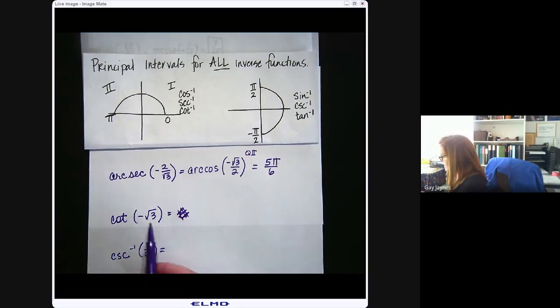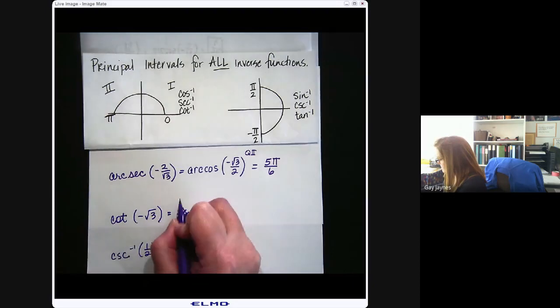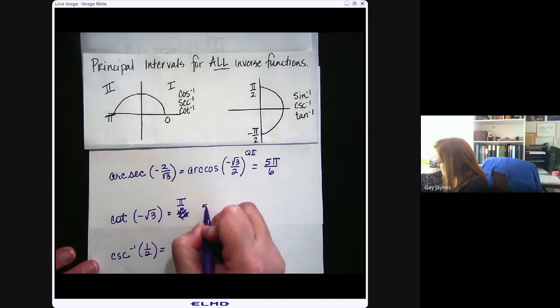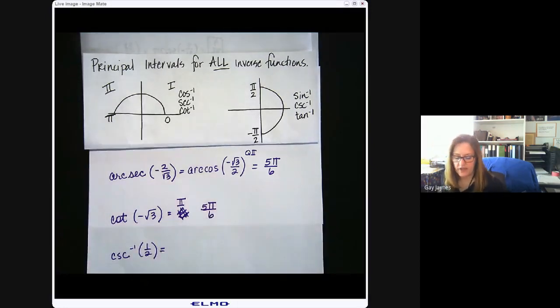So you want to look to where in the second quadrant, okay, where x over y is negative root 3, okay? And so if you look at where x over y is negative root 3, you're going to see that at 5 pi over 6. So cotangent, I would just stick to cotangent. I wouldn't change it to tangent.